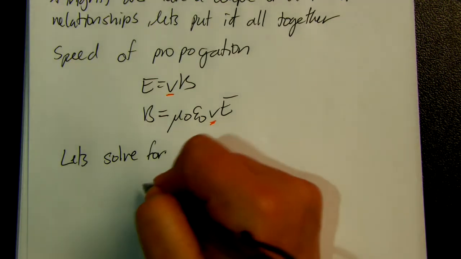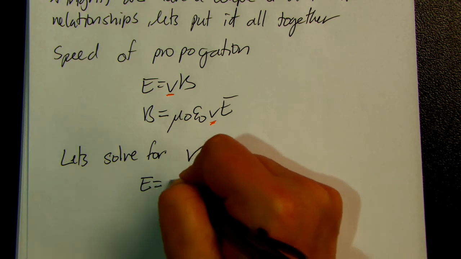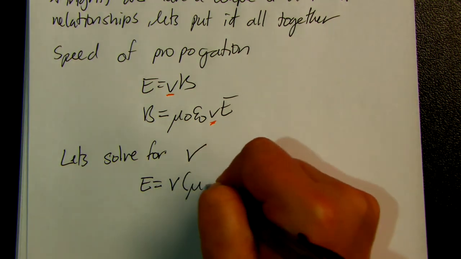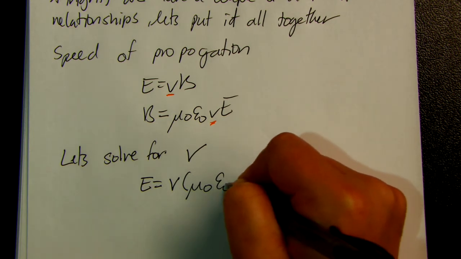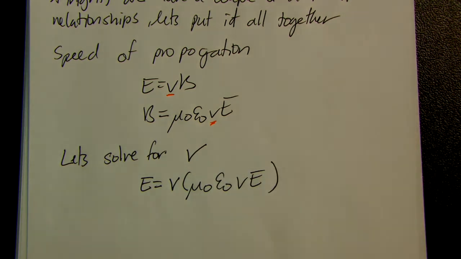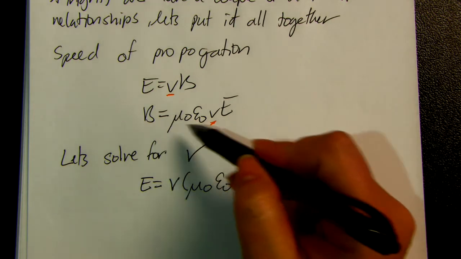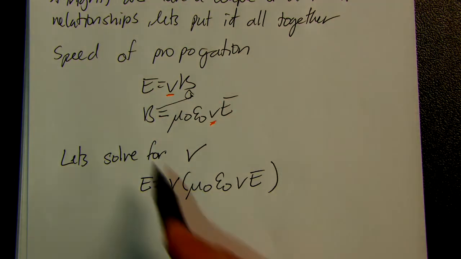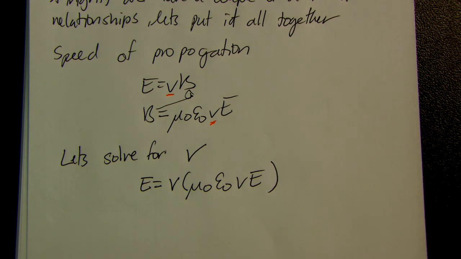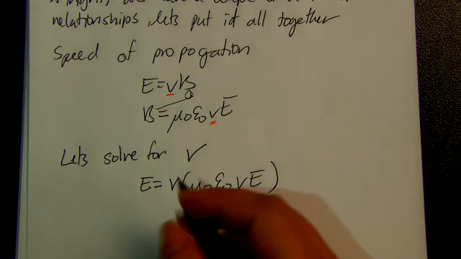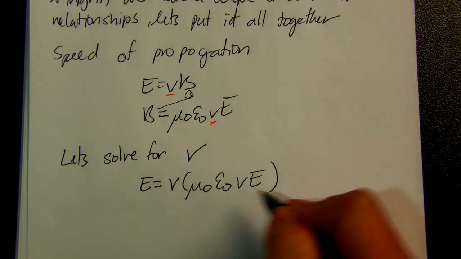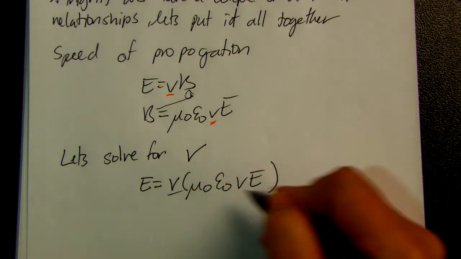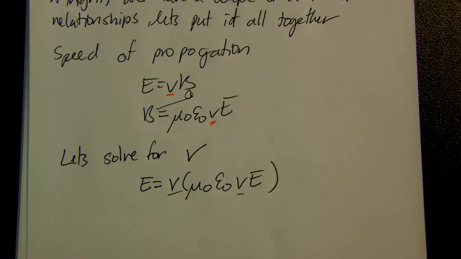Electric field is equal to mu naught epsilon naught VE times V. So all we have done is plug that in and rewrite it. Then we want to get V by itself. We've got two V's here, so we're going to end up with a V squared.